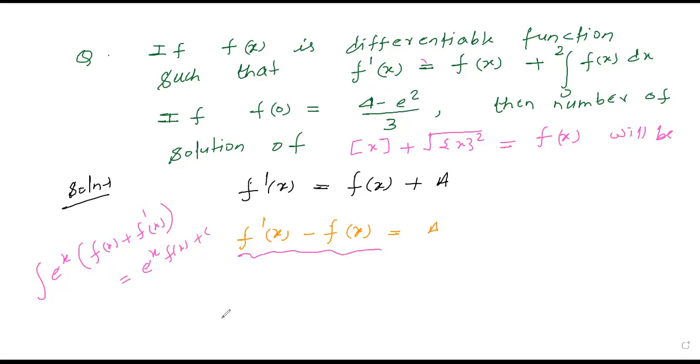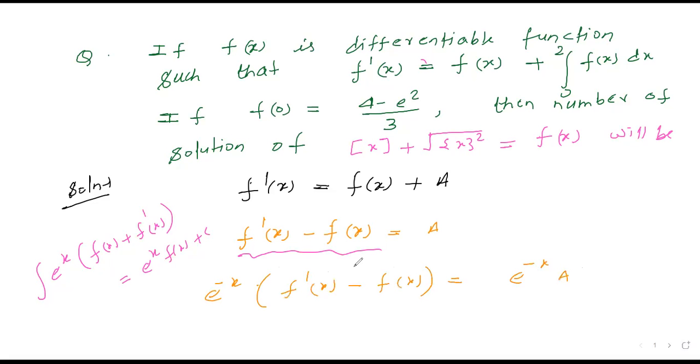So if we multiply both sides by e^(-x), then this equation becomes e^(-x)(f'(x) minus f(x)) equals e^(-x) A, right? Now after some rearrangement, you have to take minus common from here.